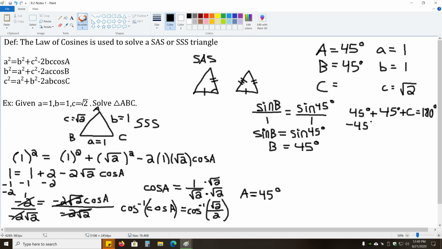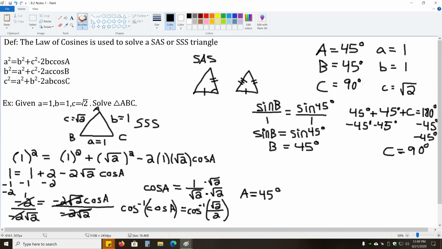So if we subtract 45 degrees from each side 2 times, we'll be left with C equals 90 degrees.